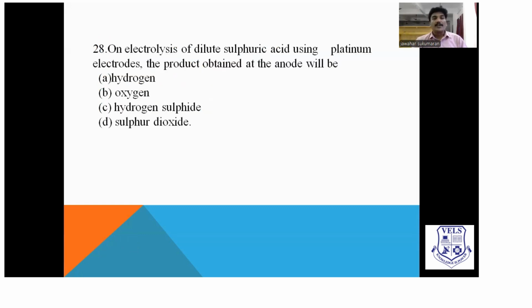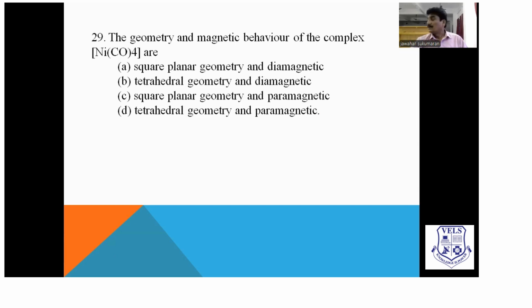Next question. In electrolysis of dilute sulfuric acid using platinum electrodes, the product obtained at the anode will be A. Hydrogen, B. Oxygen, C. Hydrogen sulfide, D. Sulfur dioxide. Answer is B. Oxygen. Next question.